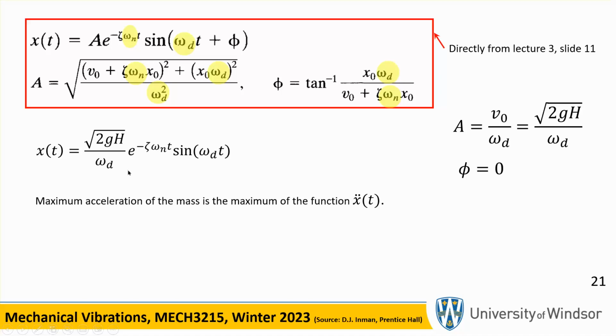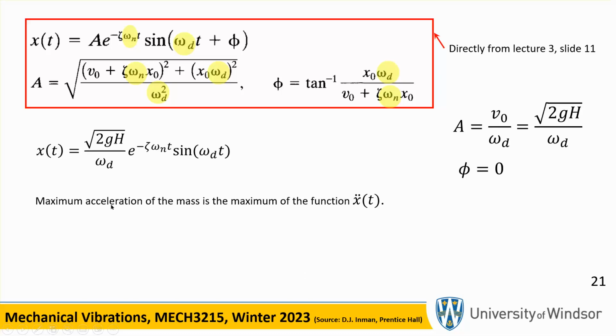So if you put an m here and an m on the top, this becomes your impulse response function, your h of t, and this becomes your f hat, m square root of 2gh becomes your f hat. Okay.